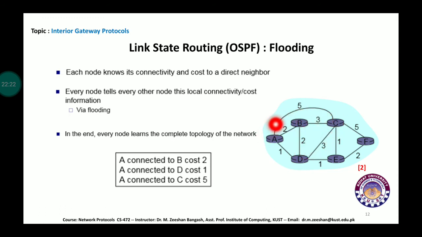For example, if there is a direct link, and the indirect cost is 1 plus 3, that is 4, and another way is 1, 2 and 3, so this is 6. But the direct cost from A to C is 5.